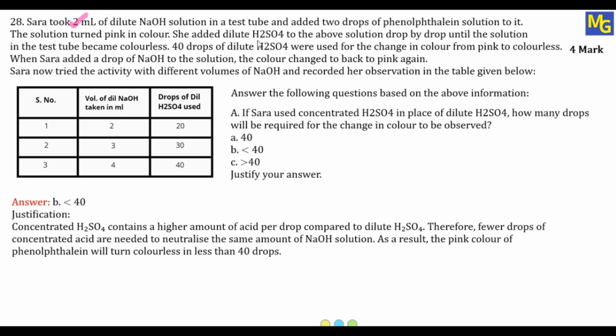Only we are changing concentrated H2SO4 in place of dilute, and as a result the pink color of phenolphthalein will turn colorless in less than 40 drops. So this is the justification of question A. I hope you understood this question. After this we will move to B.